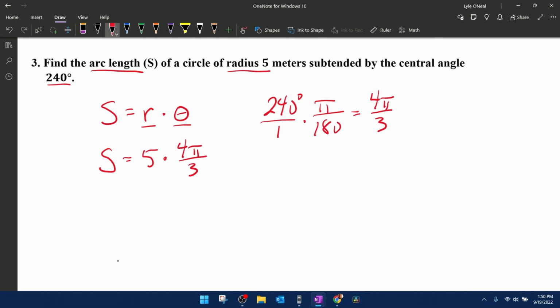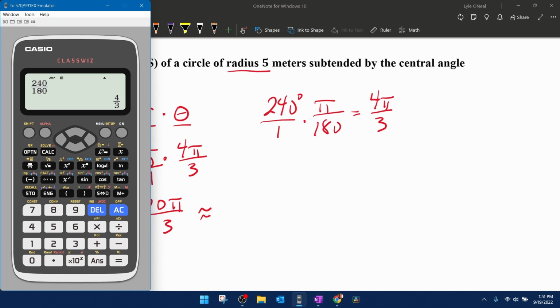And notice it doesn't say to round, so I'm going to give the exact value and the approximate value just in case you need them both. Multiplying across here, we're going to have 20 pi over 3. And if I round that to 2 decimal places, 20 pi over 3 is approximately 20.94.